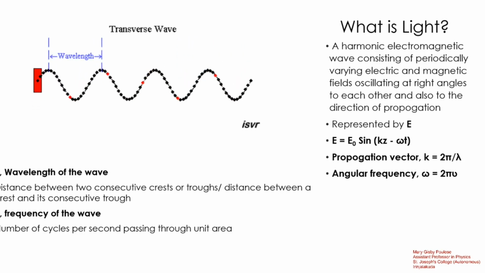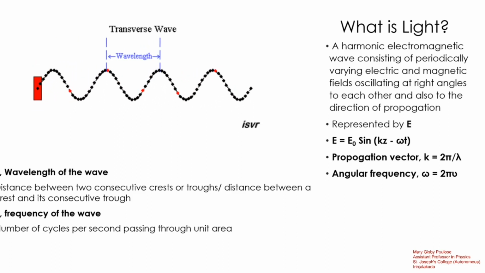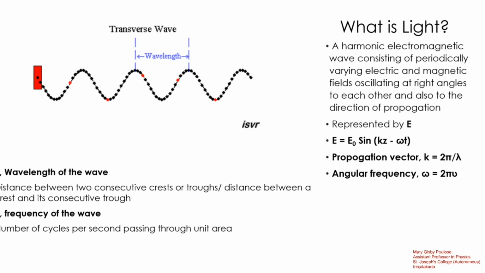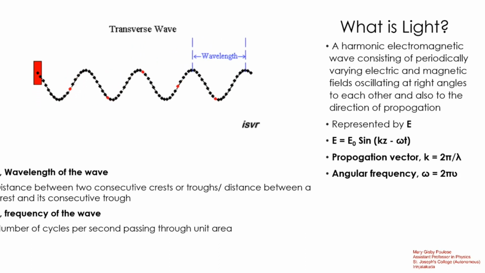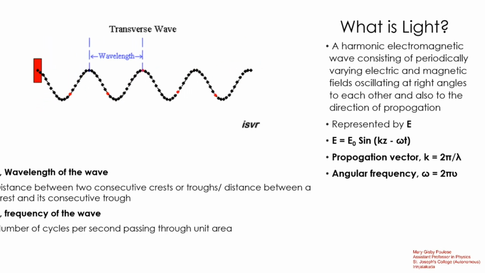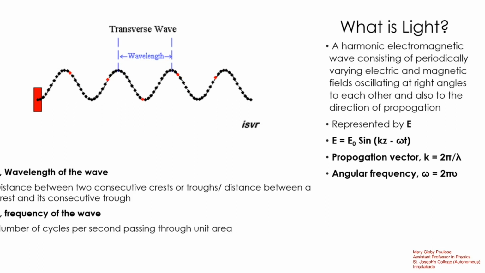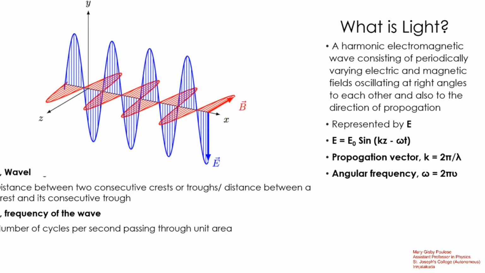as shown on the right side: light is a harmonic electromagnetic wave consisting of periodically varying electric and magnetic fields oscillating at right angles to each other and also to the direction of propagation. This is shown in the next animation.